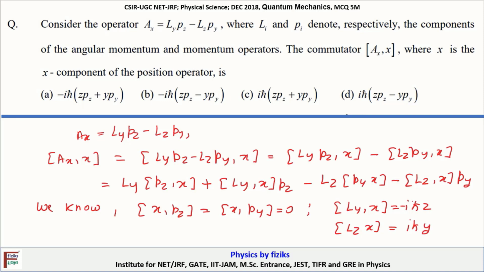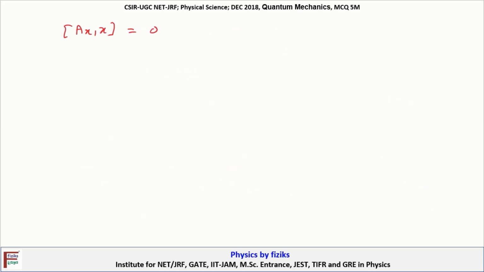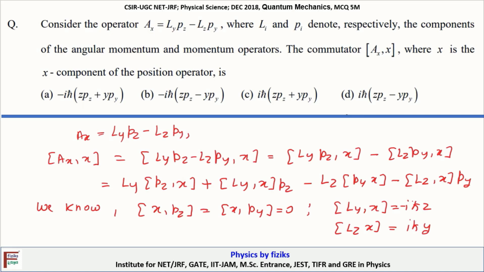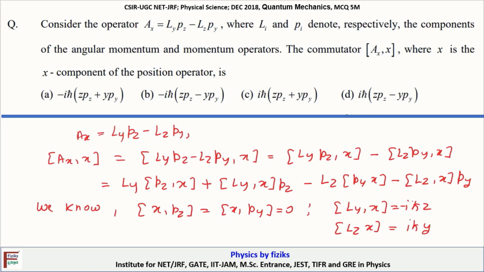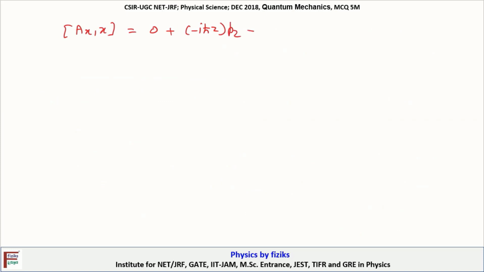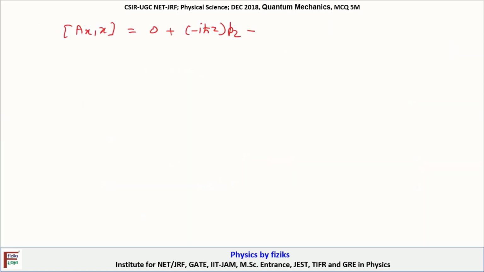Substituting these values here, we would get the commutator of Ax with X equal to: first term is 0, plus minus i h cross z into Pz, minus 0, minus i h cross y into Py.